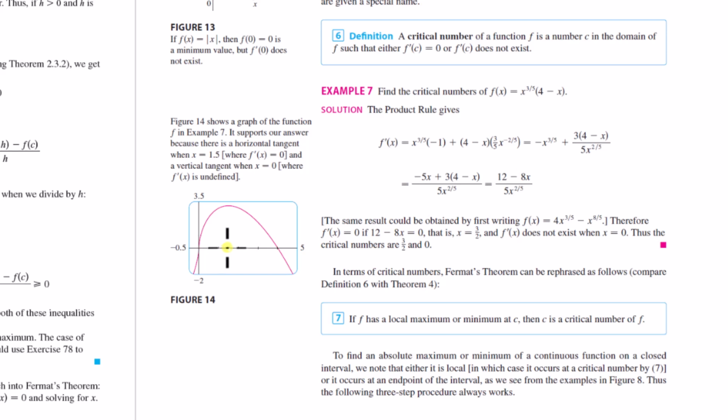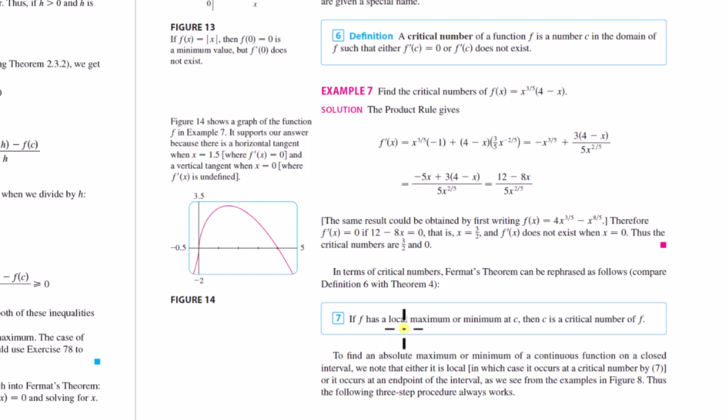Looking at the function, you see the horizontal slope at 3/2, and at 0 you've got a vertical tangent. So that is not an extreme value. The derivative doesn't exist here, but this isn't like what we saw before. This is just a vertical tangent, but this other point is an extreme value. This is a local and a global extreme value.